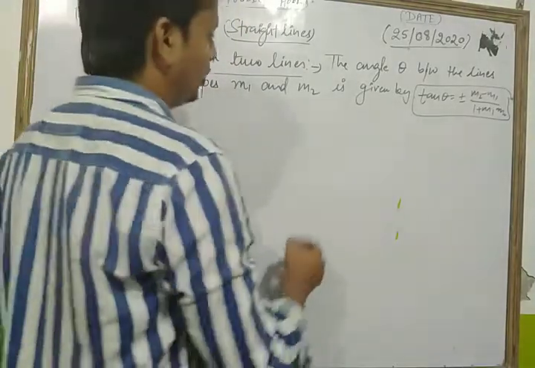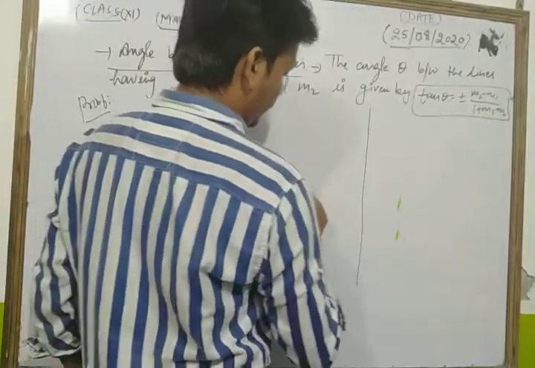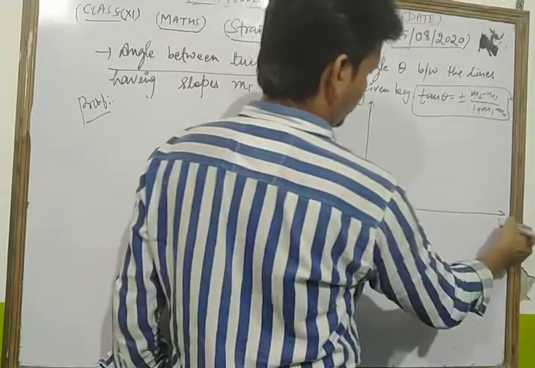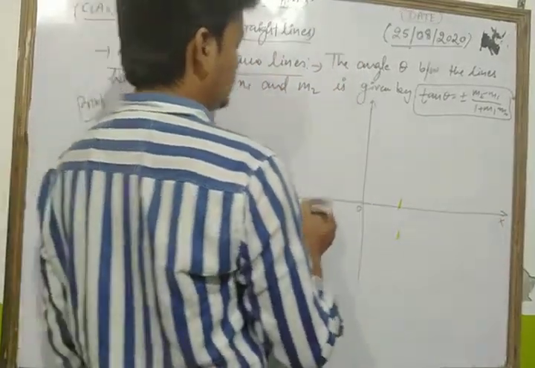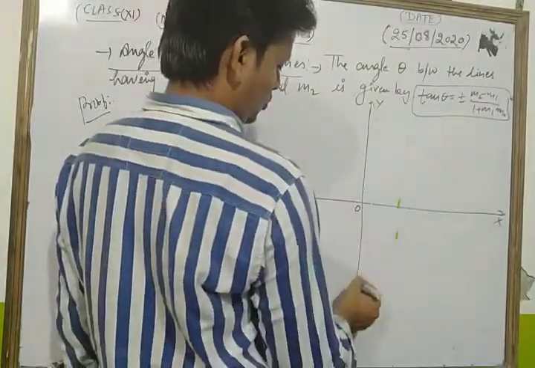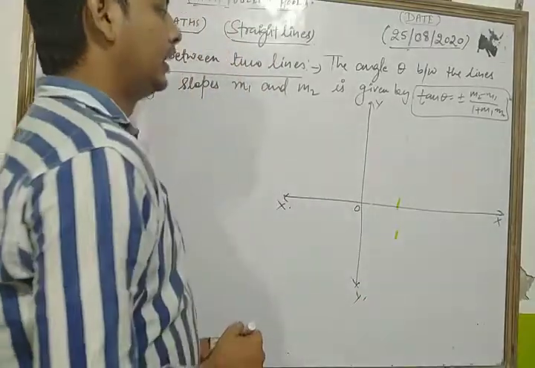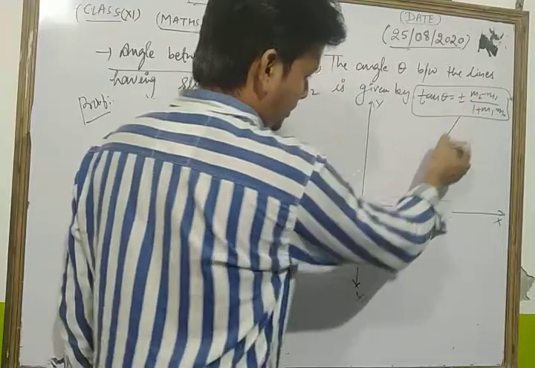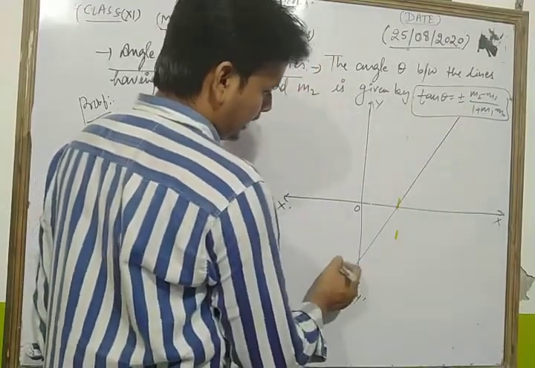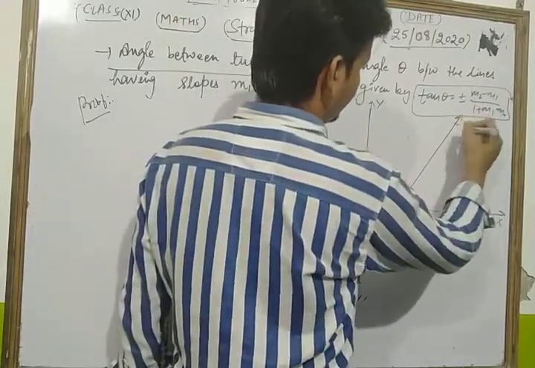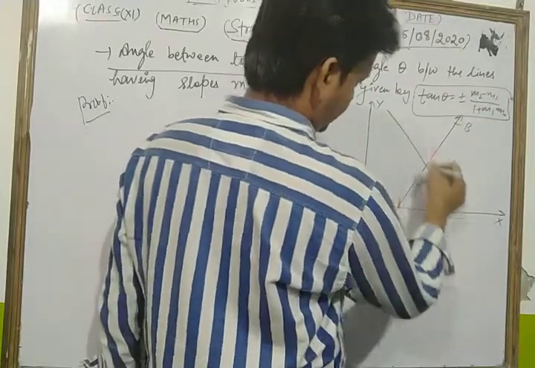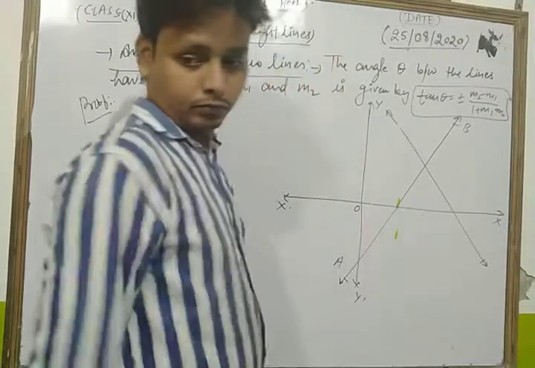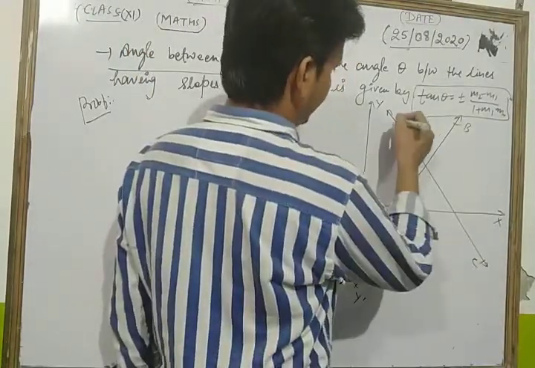Dear students, first of all we draw a Cartesian coordinate system X'OX, Y'OY. Let us take two lines AB and CD.